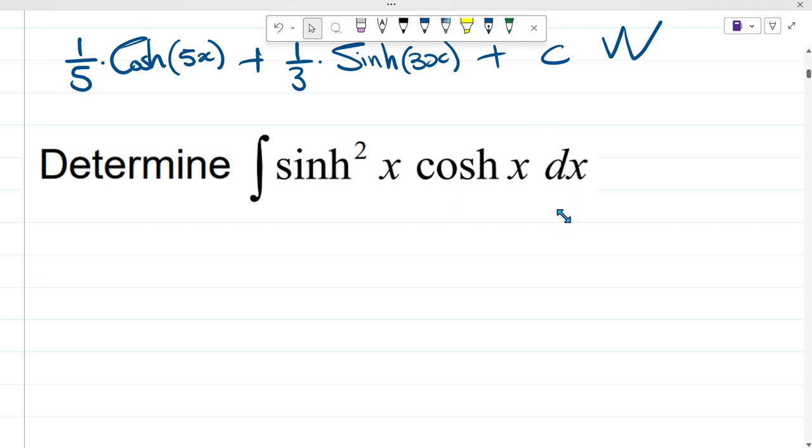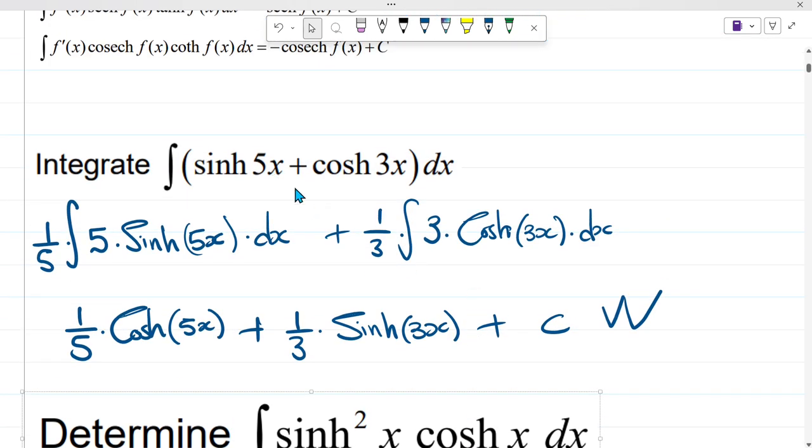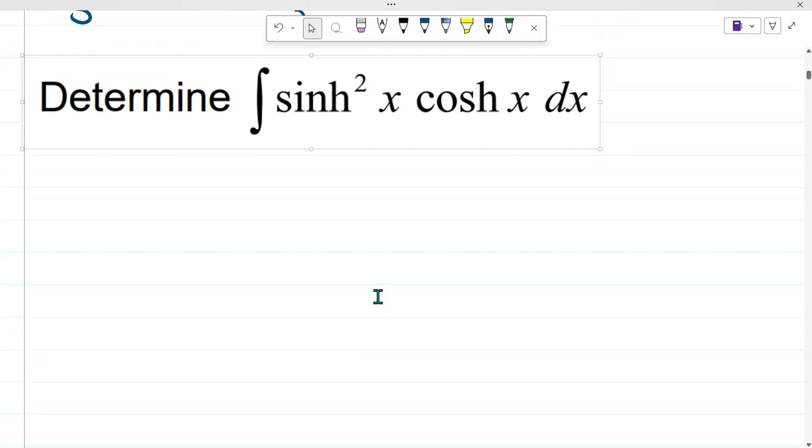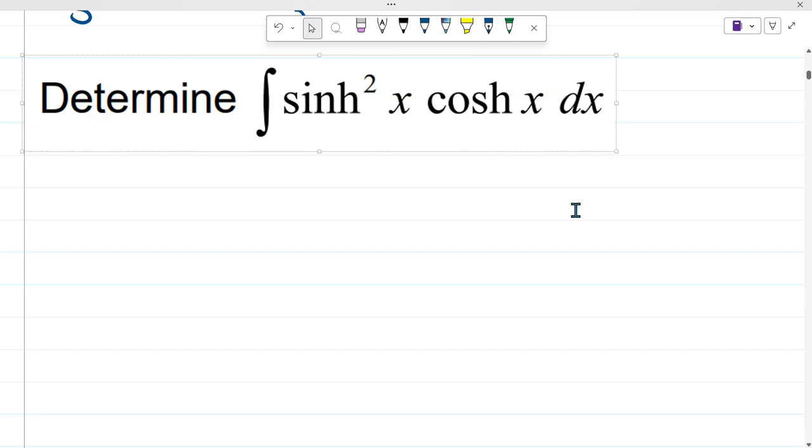All right, so I also have to let you know that in your test, it's not going to be direct. You see, this question was very direct. You can see that I'm just applying integration of hyperbolic functions. So it won't be direct sometimes, more especially in your test, so that you don't get good grades.